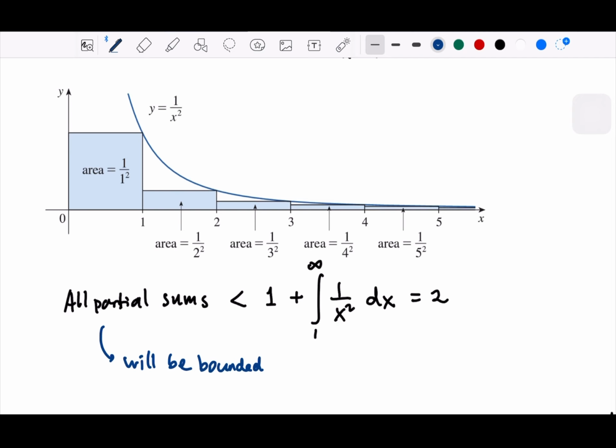And we know also the terms, the partial sums are increasing, right? Because all the terms are positive.